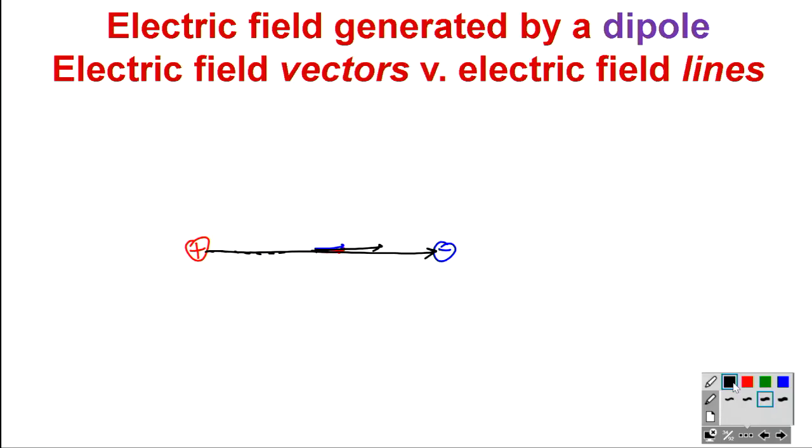Now what can we do? We can choose any other location. Here, we have to draw electric field vector, which represents electric field due to a positive charge.